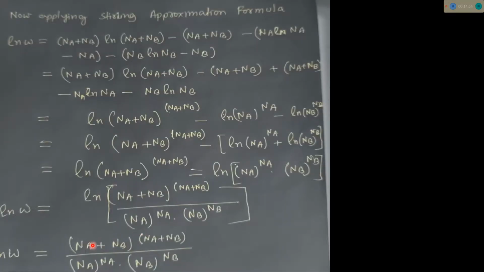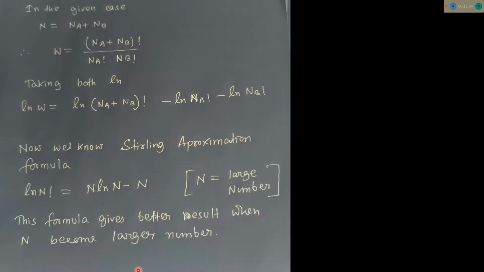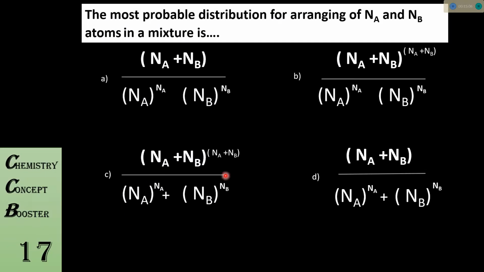We saw that in the denominator these two terms are in multiplication form, so these options are not correct. From the remaining two options, these two are in multiplication form. Here the power is not in this case, so Na plus Nb to the power Na plus Nb upon Na to the power Na, Nb to the power Nb, so the correct option is B.